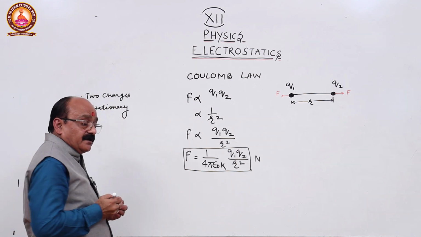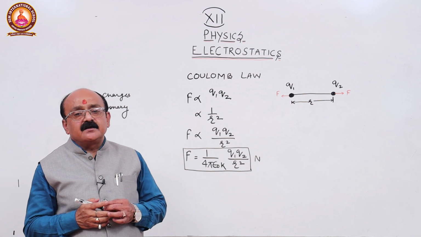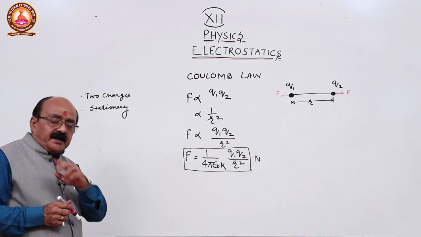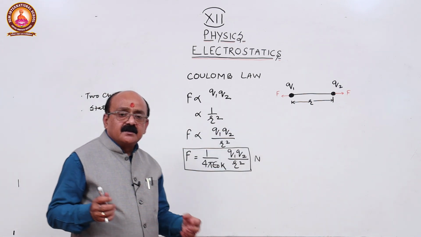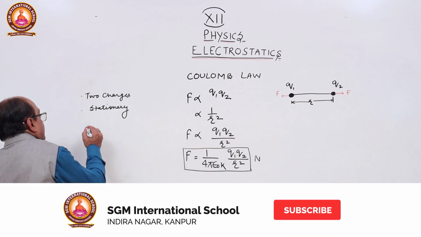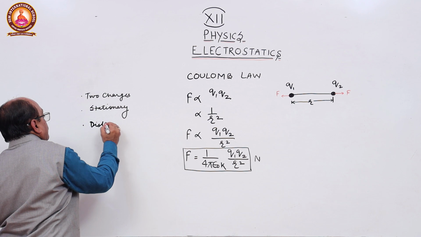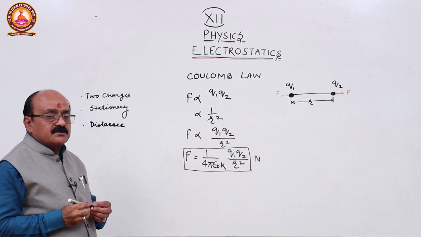If they are moving, they will produce a magnetic field as well as an electric field. The third condition is there should be some distance between them. So these are the three conditions which hold for Coulomb's law.